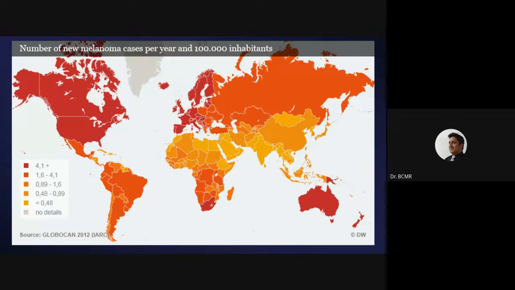So look at this first. What you would notice is this is supposedly somewhere here. I think the equator passes by, right? Somewhere here, I think so. And the skin color of these people is highly pigmented, dark, because they have so much melanin. And most of the Western world has come from here.